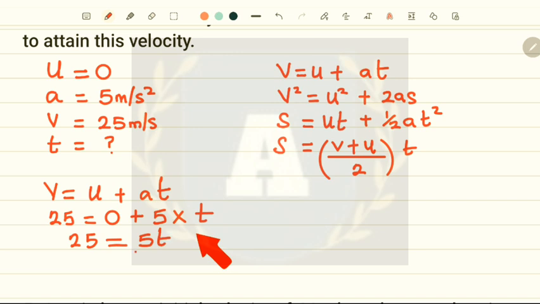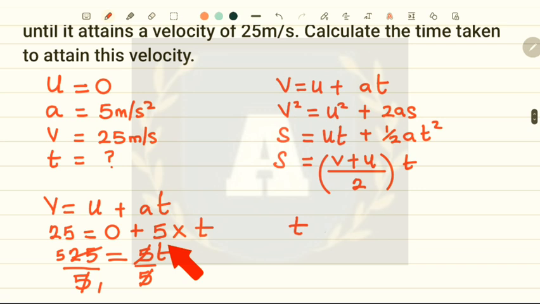Then you divide both sides by 5, so the 5s cancel out. The time to attain the velocity of 25 meters per second is 5 seconds. So we used the first equation there.